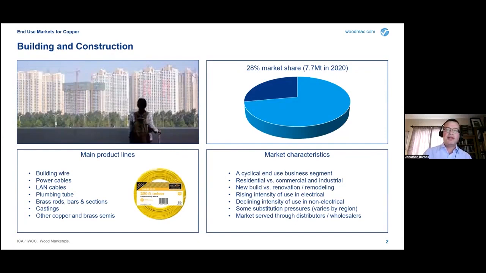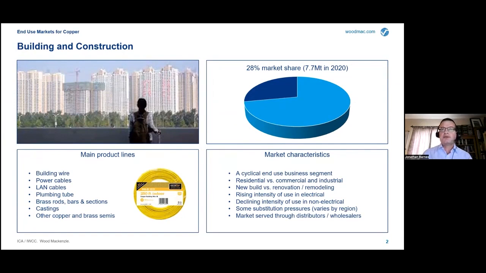You're really using that in taps and connectors in plumbing systems, castings also used in taps, and other miscellaneous copper and brass semis. For 2020, this accounted for around 28% share of the global market, or 7.7 million tons.